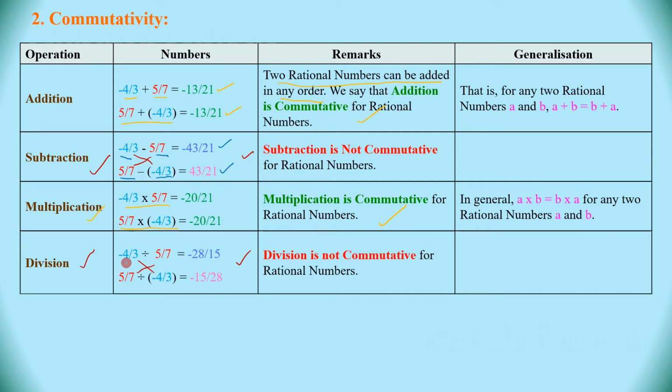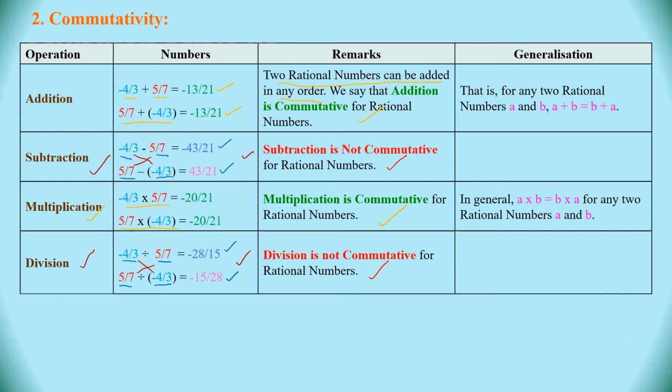In division also, when we divide minus 4 by 3 by 5 by 7, we get minus 28 by 15. And when 5 by 7 is divided by minus 4 by 3, it is minus 15 by 28. That is, subtraction and division are not commutative for rational numbers.